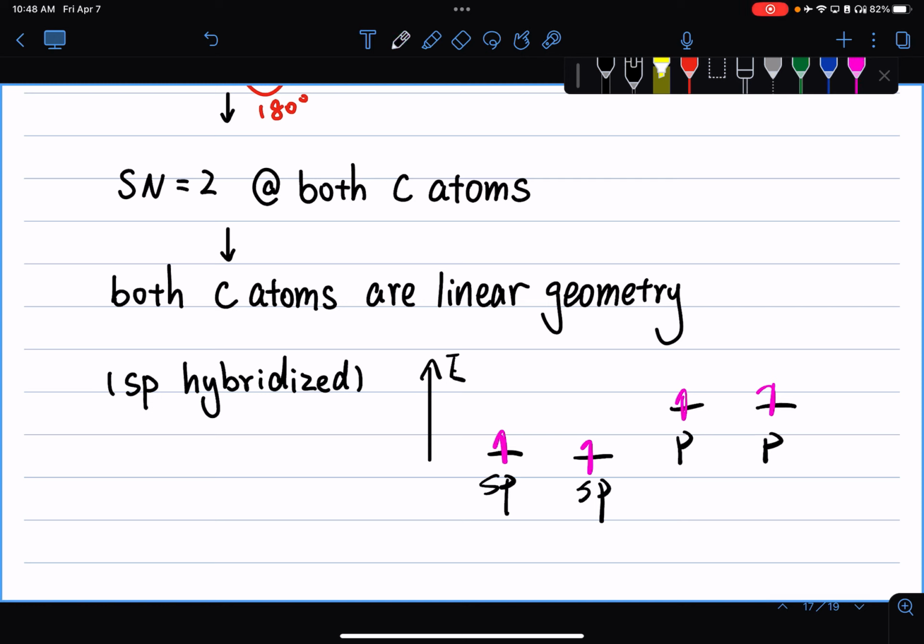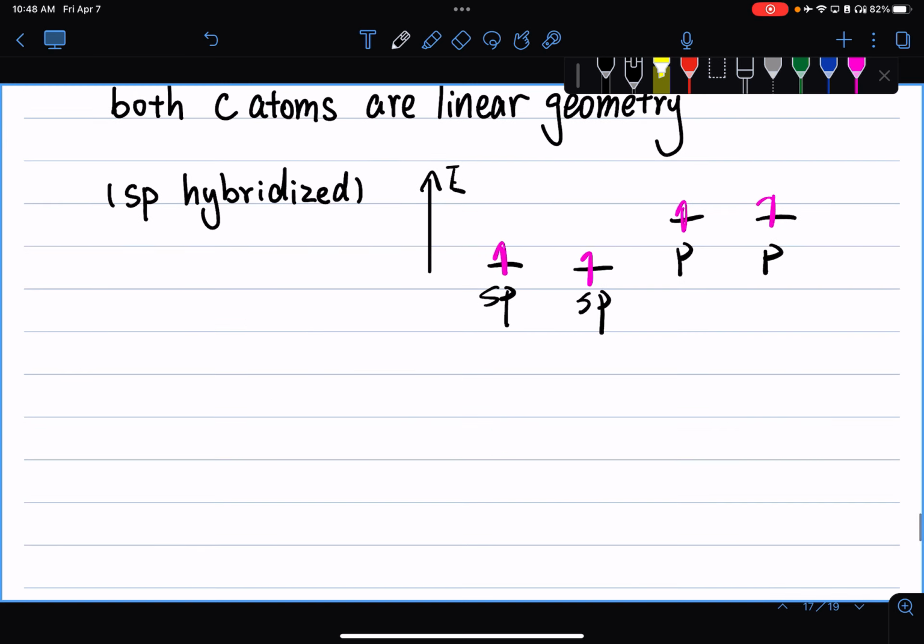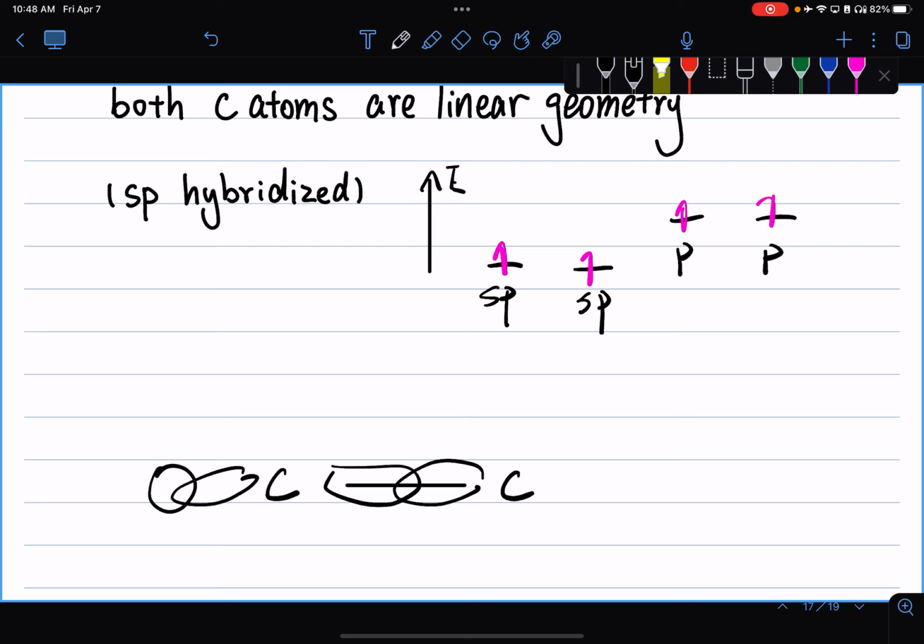And we can sketch the chemical bonding of ethyne, which has a triple bond, like this. Carbon is single bonded to carbon via the sp atomic orbitals, and single bonded to hydrogen via an sp atomic orbital again.